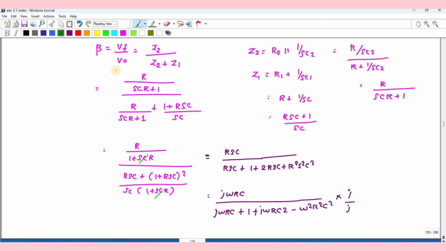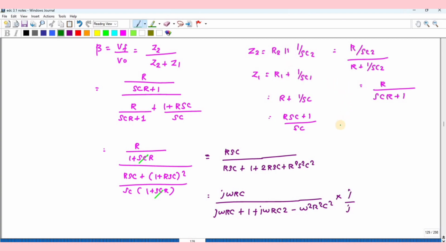So what is VF by V0? VF by V0 is beta, which is equal to Z2 by Z2 plus Z1. We know that Z2 is R2 in parallel with C2, and Z1 is R1 in series with C1. So I can write R2 in parallel with 1 by SC2 as R by SC2 divided by R plus 1 by SC2.